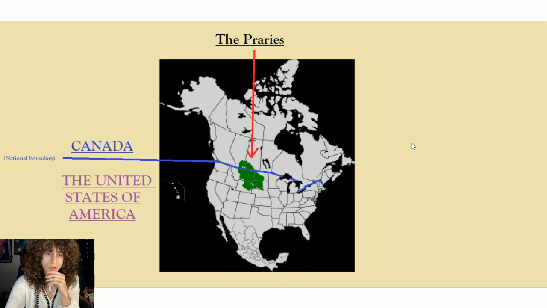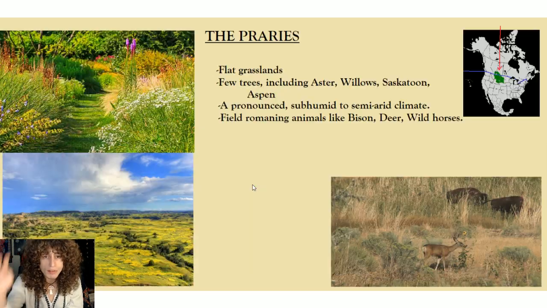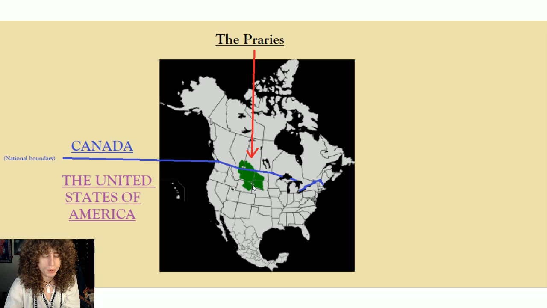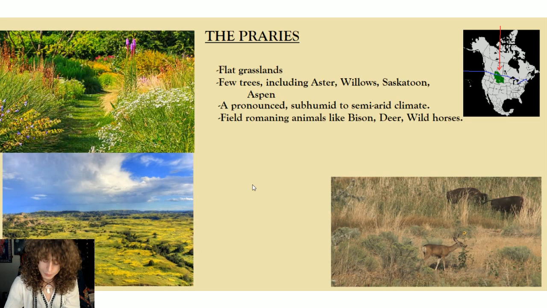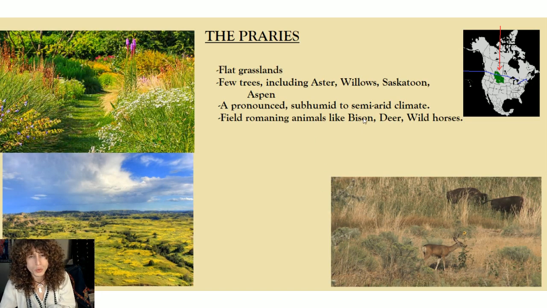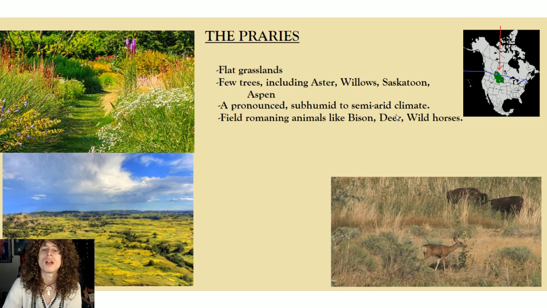So both of these are considered North America, and the prairies are a beloved part, a shared part between the two countries. Just to give it short thrift, it's got flat grasslands, a few trees, including aster, willows, aspen, a pronounced subhumid to semi-arid climate, and field-roaming animals like bison, deer, and wild horses are all over the prairies.